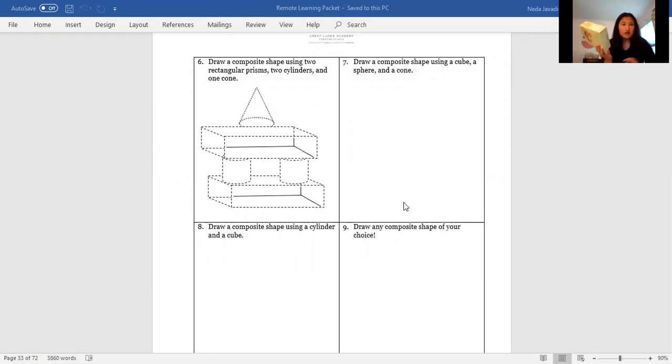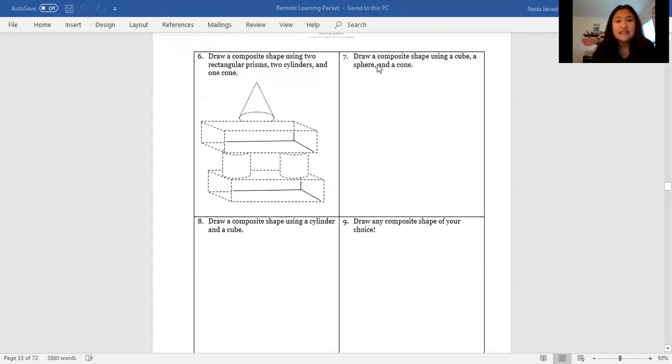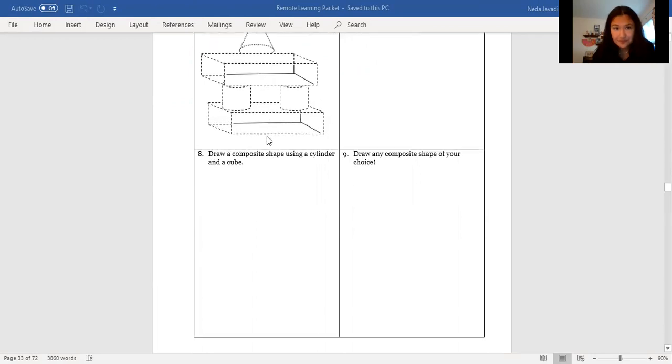Here's one. 2 cylinders, and 1 cone. So you can choose how big or how small each shape is when you draw it, but that's what you're going to be doing for number 7, 8, and 9. And on number 6, you're just going to trace the shapes that are there for you.